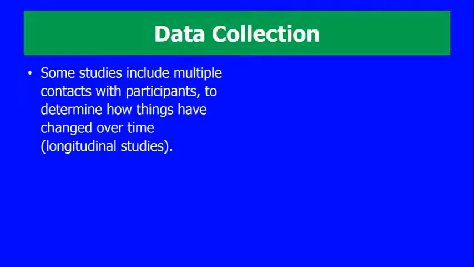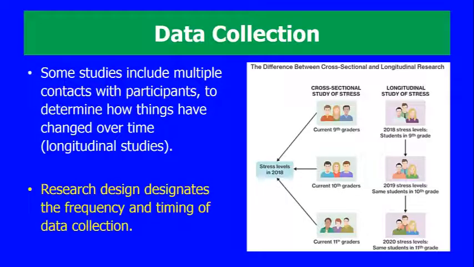Another way of collecting data is by visiting the study group or the sample many times during the research. If you look here, I'm doing the same study, stress level, but instead of taking 3 different groups, I will take one group and follow it. For example, this group is grade 9.